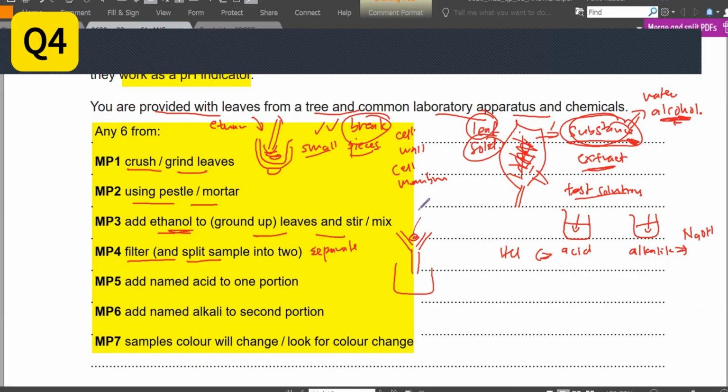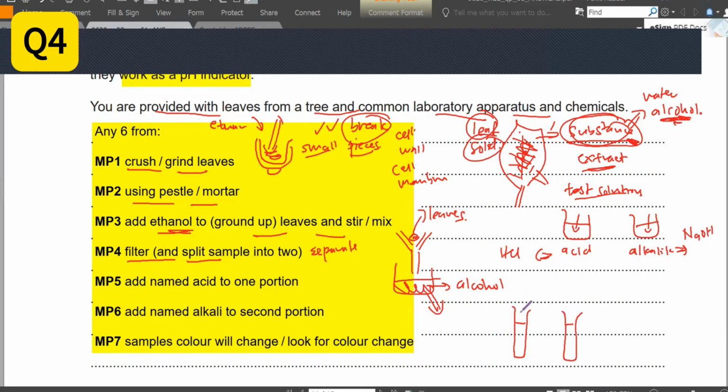The leaves will be collected at the funnel, and then the alcohol with the colored substance will be collected. And then we separate it into two portions.